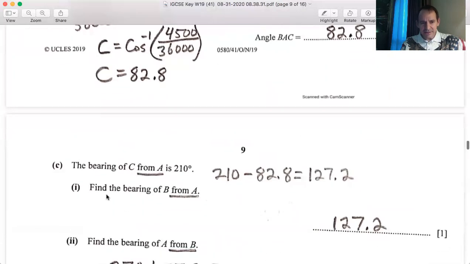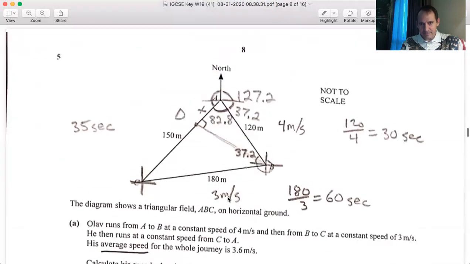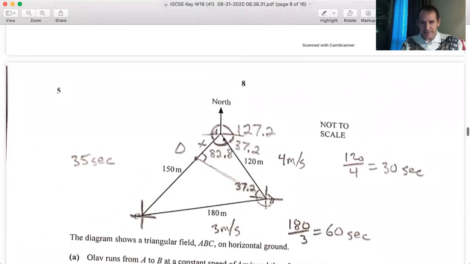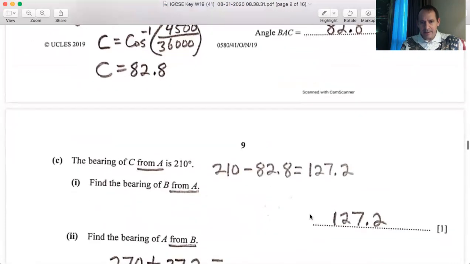This question says find the bearing of B from A. So we want to face B from A. We start at A and we want to go clockwise until we're facing B. So that's this right here. We know this is 210 minus the 82.8, which will give us the direction facing towards B, and that comes out to 127.2.